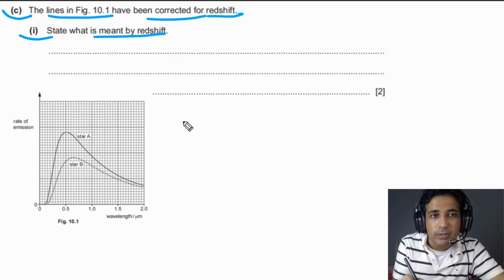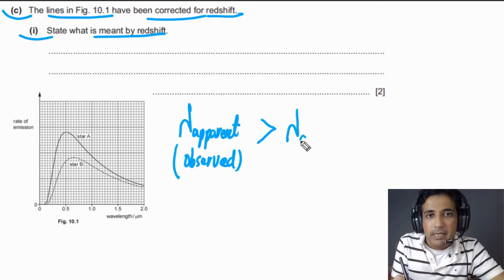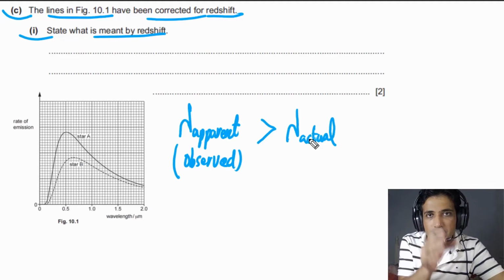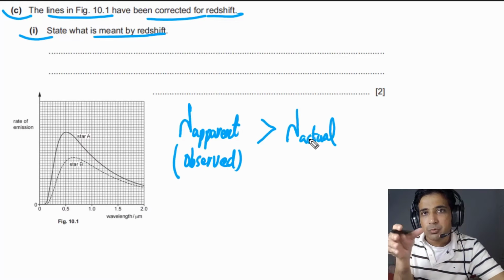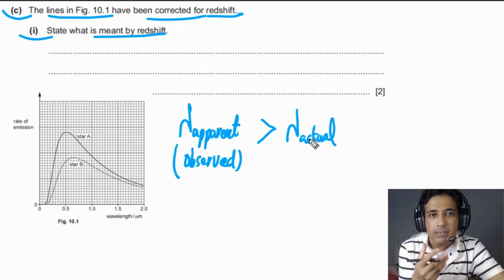Redshift simply means that the apparent wavelength of light, the observed wavelength, is greater than lambda actual, the actual wavelength of light emitted by the star, and this is called redshift. Redshift means that the apparent wavelength is greater than the actual, shifted towards the red end of the visible spectrum. That is what we call redshift.